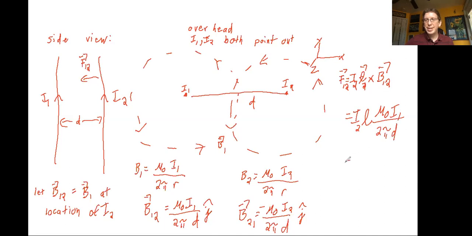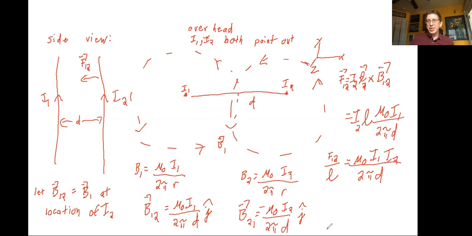And so you can write that as the force per unit length equal to mu naught I1 I2 over 2 pi d. So that's the magnitude of the force. And again, F12 is the force of current 1 acting on current 2.